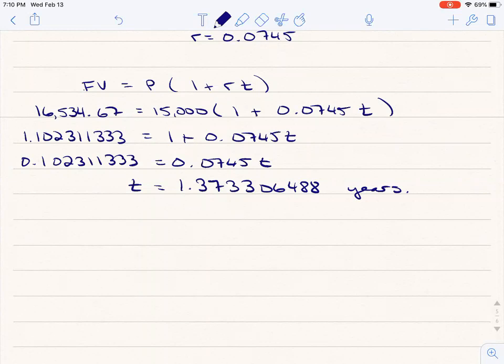To use the days between dates function, we need to know, okay, well, 1.3733 years, how many days is that?